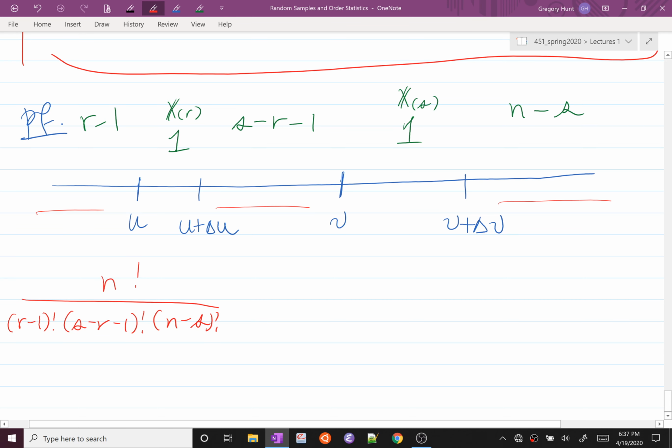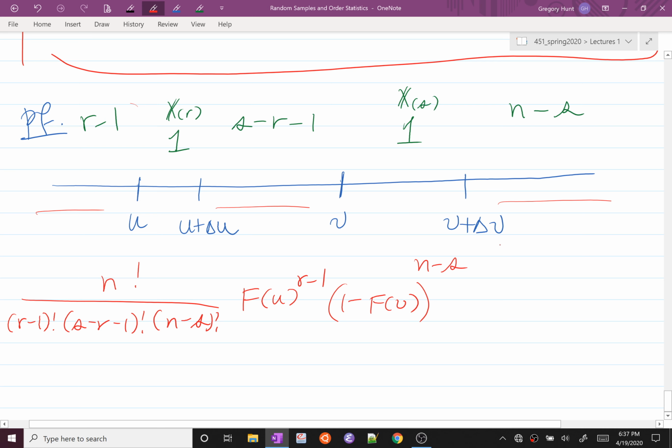Then we calculate the probability of seeing r minus 1 things less than u, which is F of u to the r minus 1. There should be n minus s things bigger than v, so that's 1 minus F of v, the probability of any of them being bigger than v, to the n minus s.